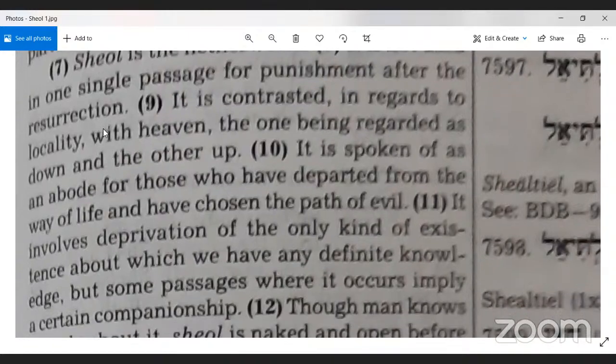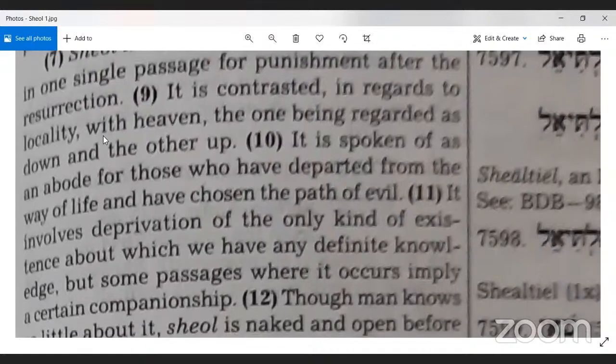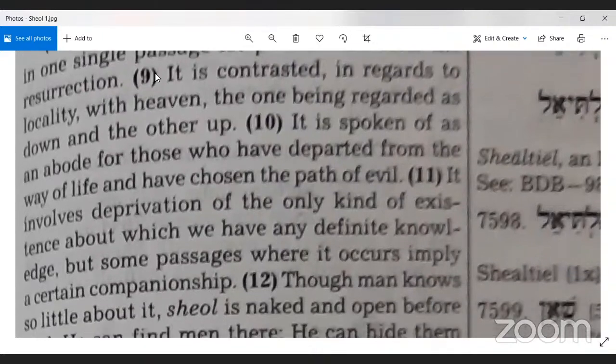So it's very interesting, right? What I'm seeing is that they're preparing the mind for a doctrine of hellfire. Verse 9. It is contrasted in regards to locality with heaven, the one being regarded as down, the other up. 10.